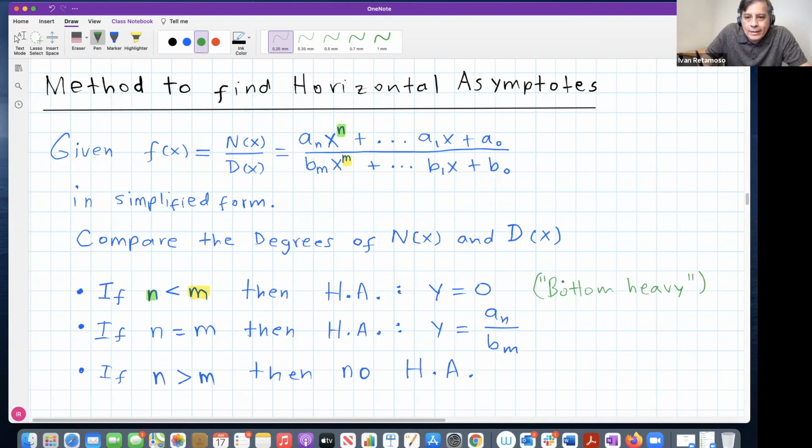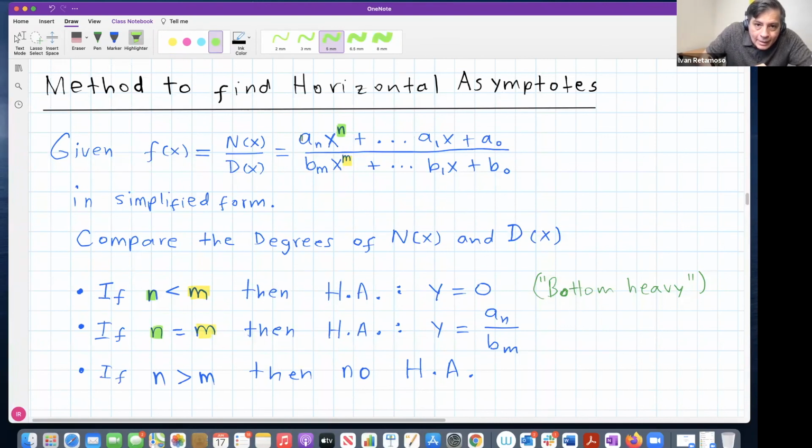Bottom heavy. Now, but what about this other scenario? Suppose that when you compare n and m, you get the same values. Suppose n is equal to m, right? What to do? Well, mathematicians have figured out that in that case, the horizontal asymptote is given by this equation, y equal an over bn.